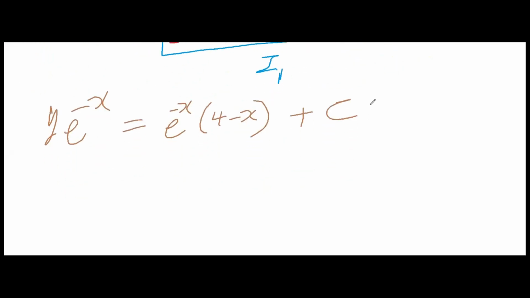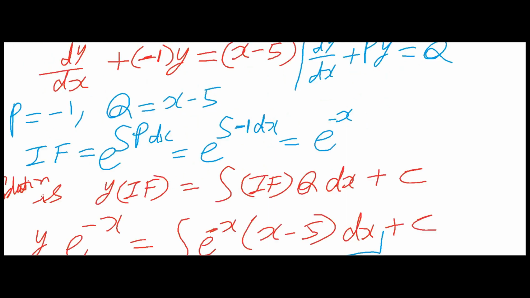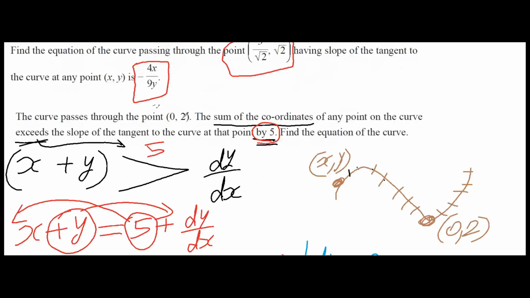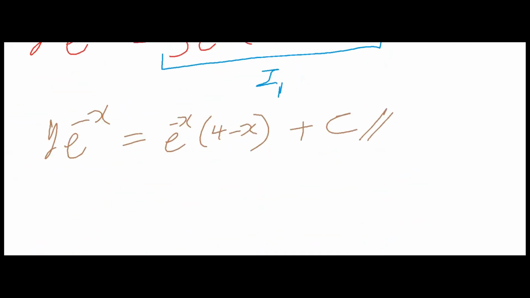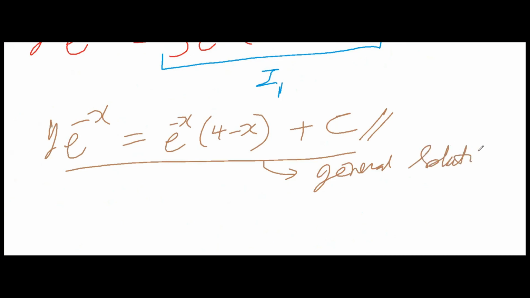Now I have already got the solution, but here they have said that when x is equal to 0, y will be 2. I need to find the particular solution. This equation, the solution which we have got, is the general solution.